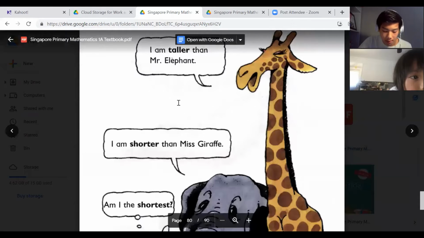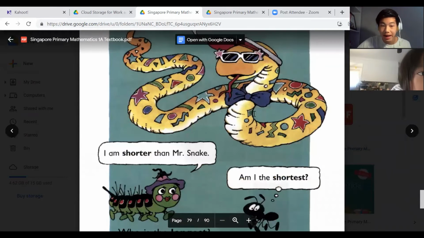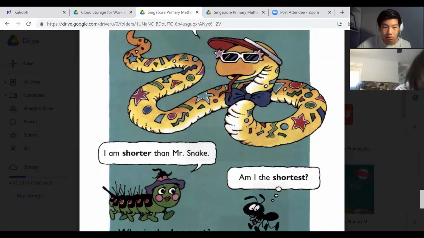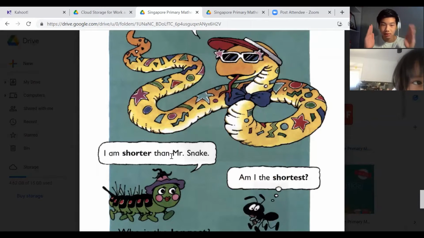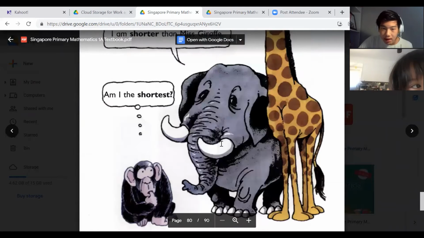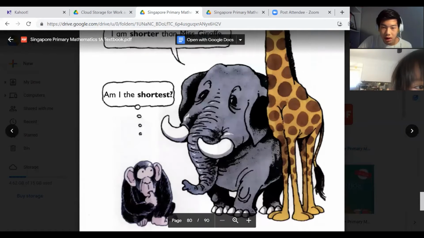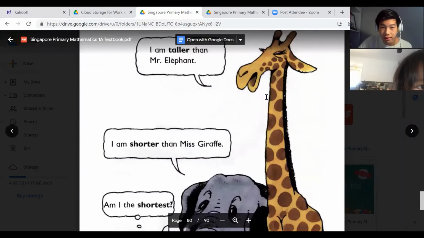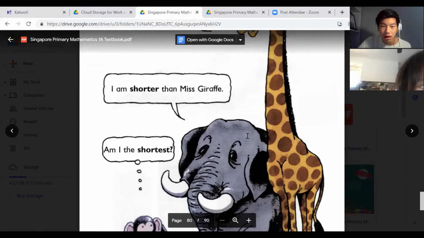And notice when we use taller and shorter, we're referring to length that's up and down, compared to the snake and the caterpillar, which uses longer and shorter, or length that is from left to right. So when it's from up to down, we use taller and shorter. And you can see that the giraffe is taller than the elephant, and the monkey or the ape is shorter than the elephant.